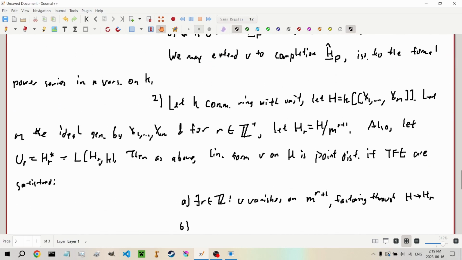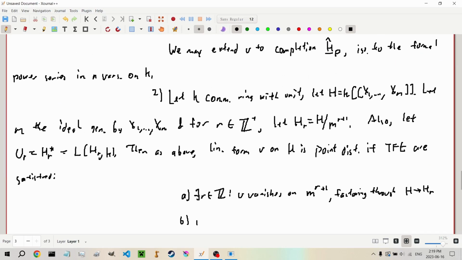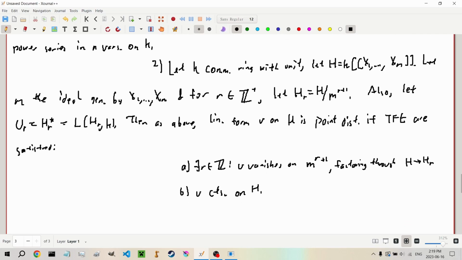And secondly, we have u is continuous on H. We're going to define capital U to be the subspace of H star that is the subspace of point distributions.